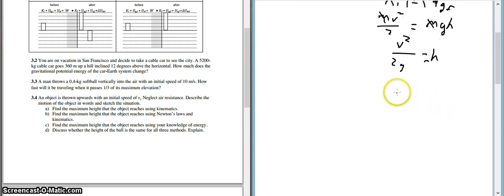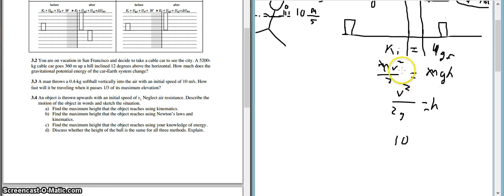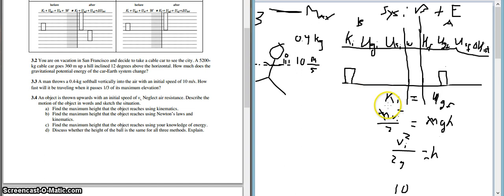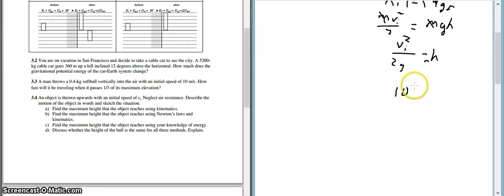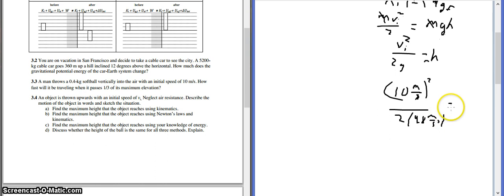Now, we already know the initial velocity. We should make this easier. This is the initial velocity, because we're looking for the initial kinetic energy, so the before energy. So we have to use the before velocity. So the initial velocity squared, so 10 meters per second squared, all over 2 times 9.8 meters per second squared, equal to h.